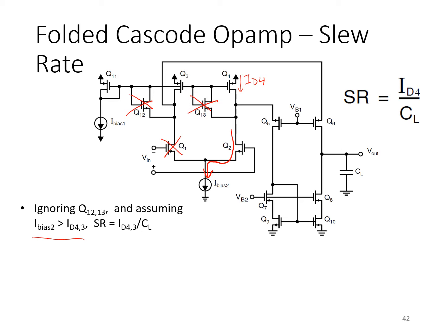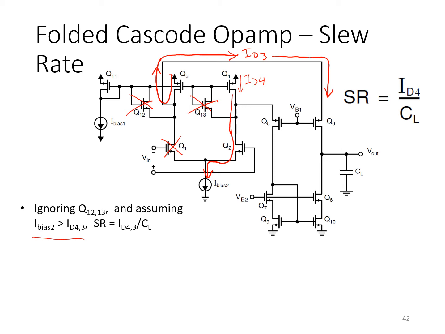First, you'll notice that since Q1 is off, all of the bias current ID3 flows this way because no current flows down through Q1. So ID3 goes this way and down here in its entirety. On the other hand, I bias 2 is so large that it draws all of the current ID4 and then some actually.